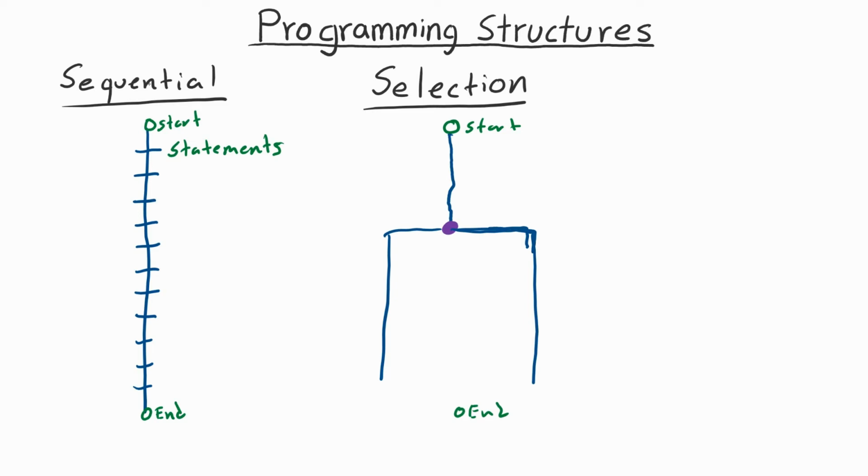Let me draw this somewhat perfectly. And then at one point, you come back here in the middle, and then you get to the end. So again, you wake up, you brush your teeth, you eat breakfast, then you make a decision. Do I go to work, which let's say is the right path, or do I go to school, which is the left path?